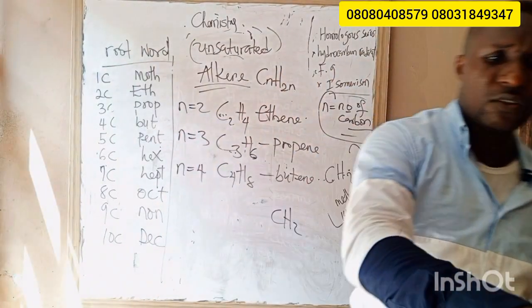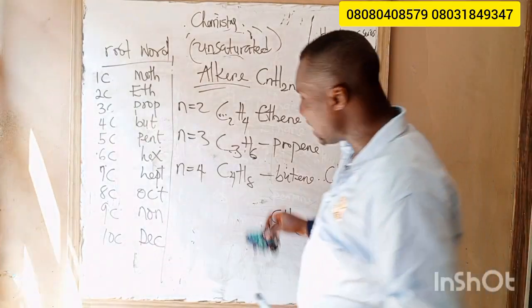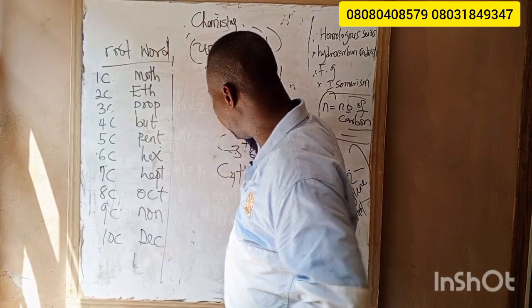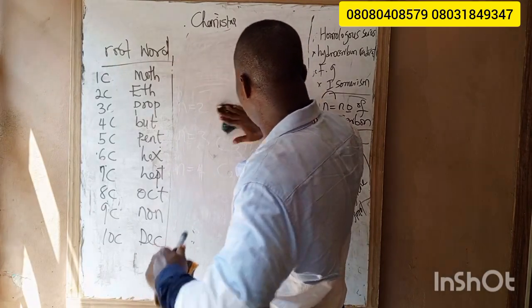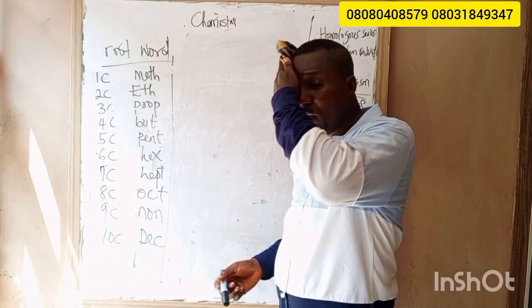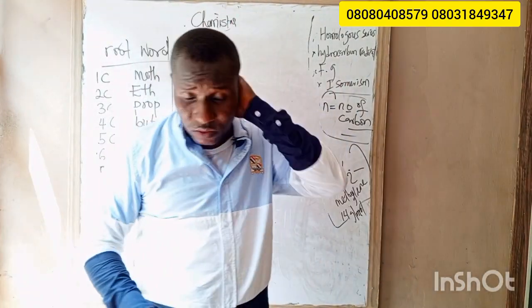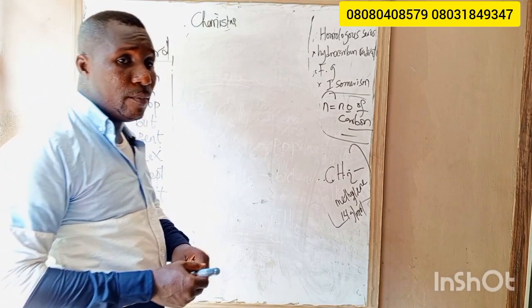Let us move to the second thing for today. Hydrocarbon radicals. What is a hydrocarbon? A hydrocarbon is a compound that contains hydrogen and what? Carbon.